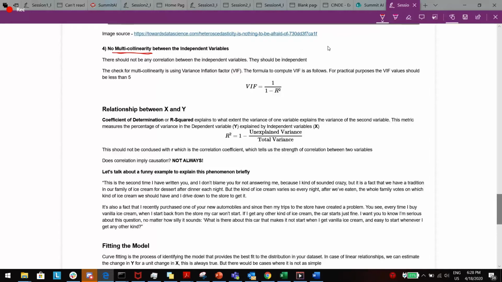Multicollinearity is a phenomenon where you have independent variables, say x1, x2, and so on till xn, and two of your variables, say x1 and x2, have a strong correlation. Say the correlation between x1 and x2 is like 0.8. That means they are related.